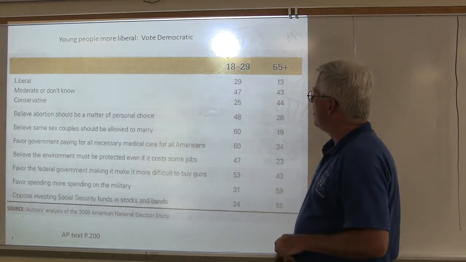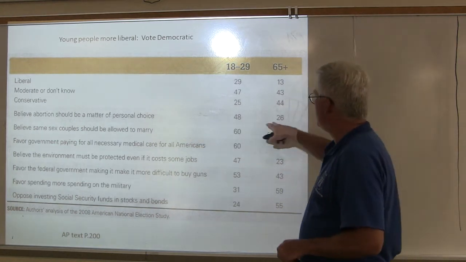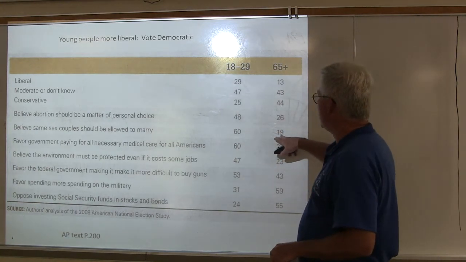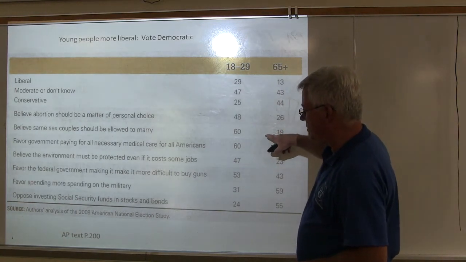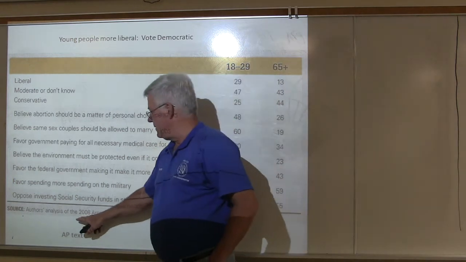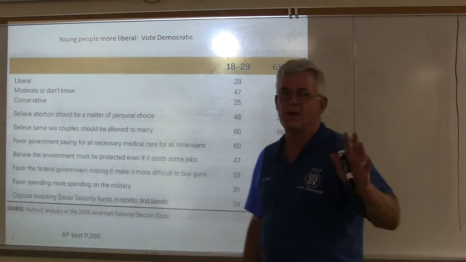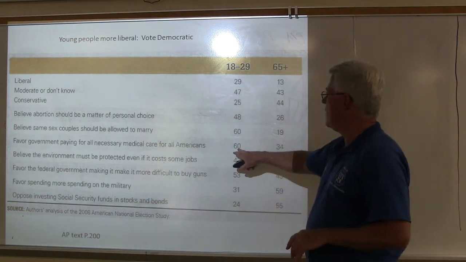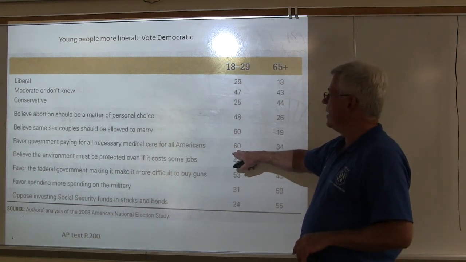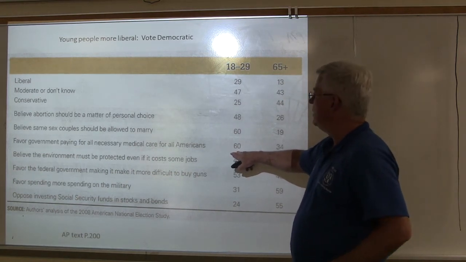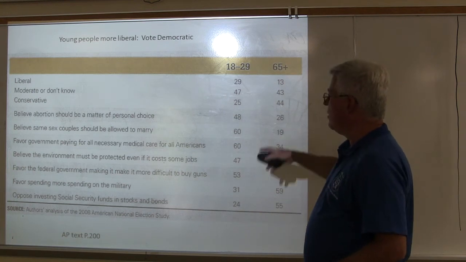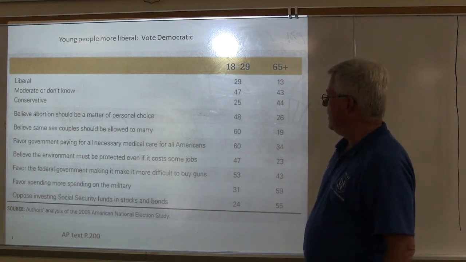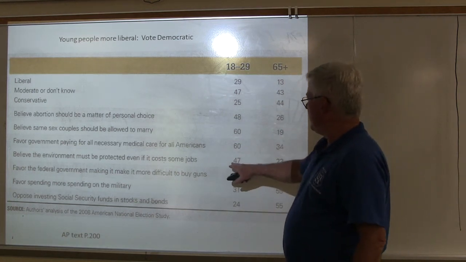All right, abortion. Young people in favor. Same-sex couples. This is from 2008. Just over the years, I've seen a shift. This is going to be way higher than this, right? It's going to be way higher than 60% right now among young people, and maybe among all people. Environment protection.